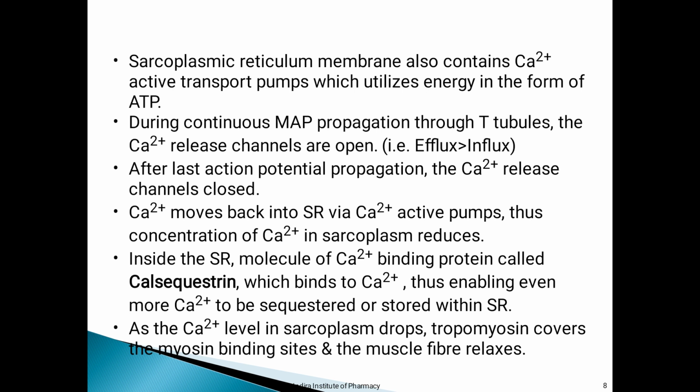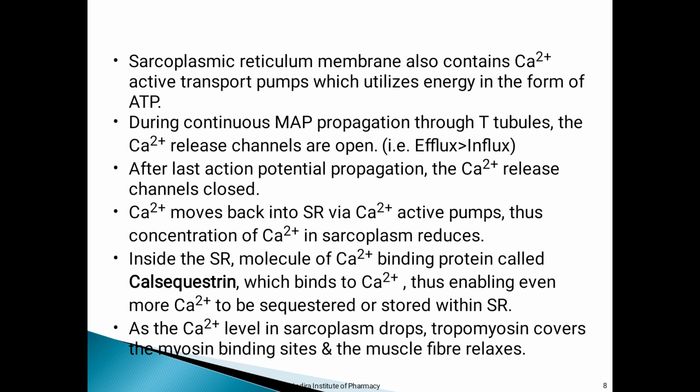The sarcoplasmic reticulum membrane also contains channels, as I have already mentioned in the first slide. So the sarcoplasmic reticulum contains two channels.